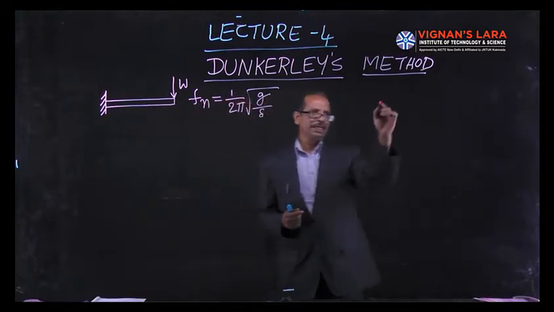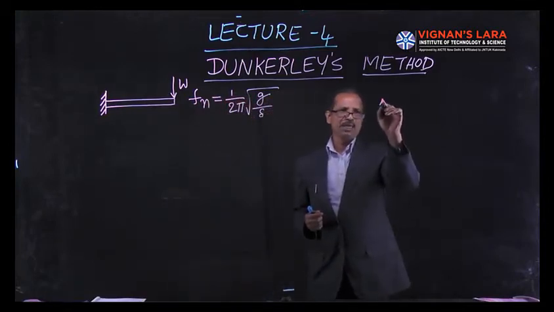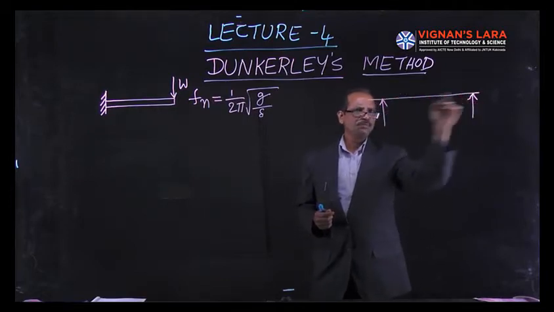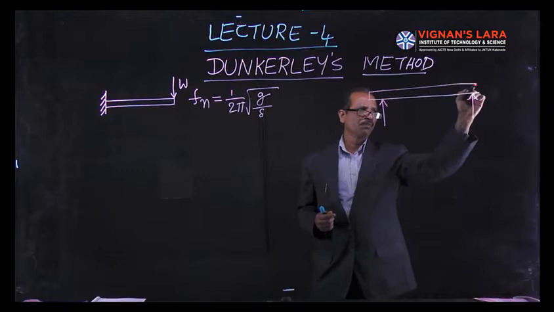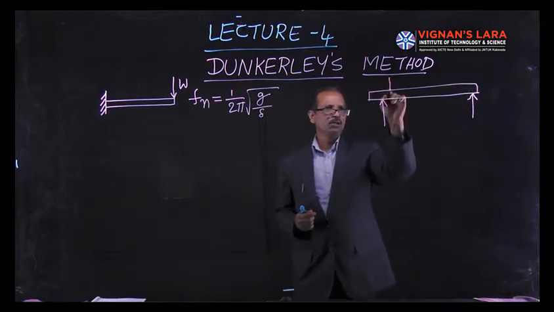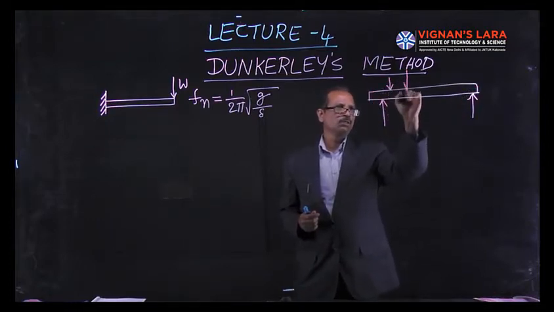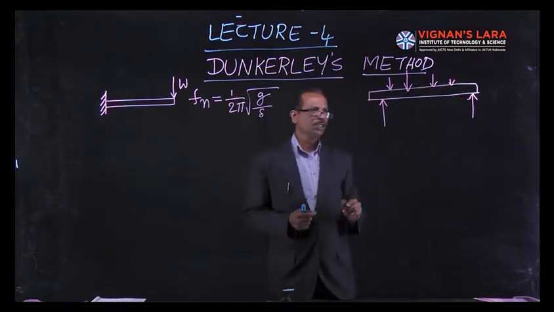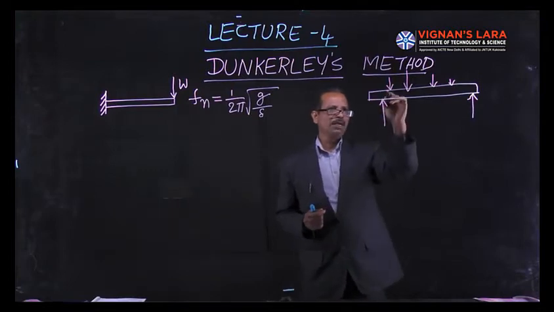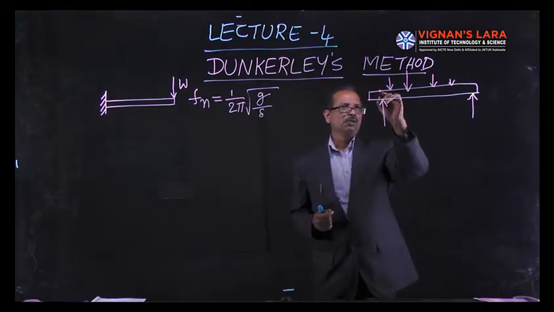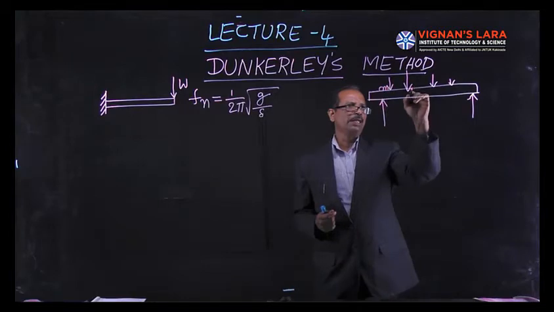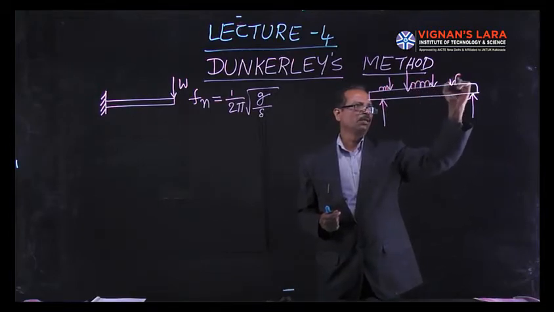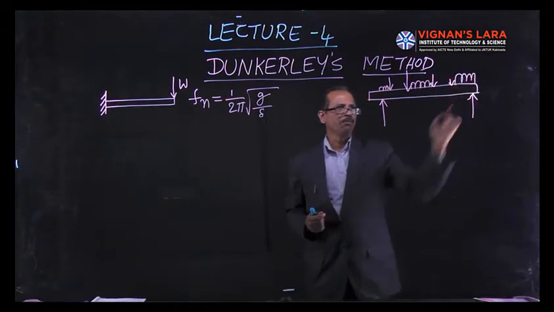So let us take a case where there is a beam which is simply supported and subjected to various point loads at different locations, and also combined with a uniformly distributed load at some locations, or it may be on the entire beam.